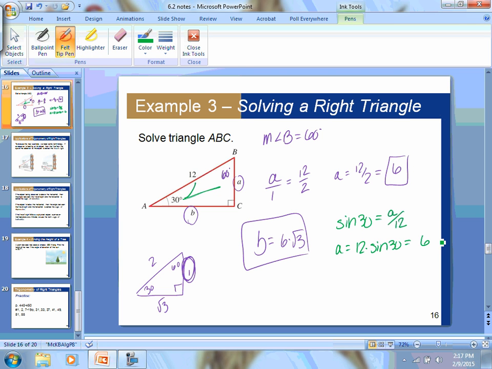And if I wanted to find B, then I would have to do adjacent over hypotenuse. So adjacent over hypotenuse would be cosine. So cosine of 30 would be the adjacent over the hypotenuse. So 12 times the cosine of 30. Now if you do this in your calculator, it's going to give you the decimal, but it's going to be the same decimal as whatever 6 times the square root of 3 is. Okay? So that's another way that you could work through this problem as well.